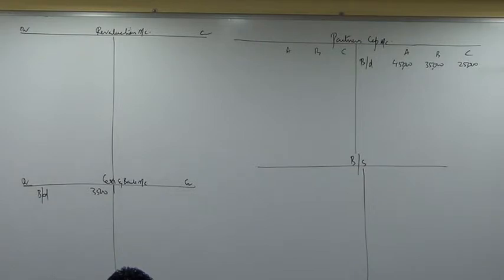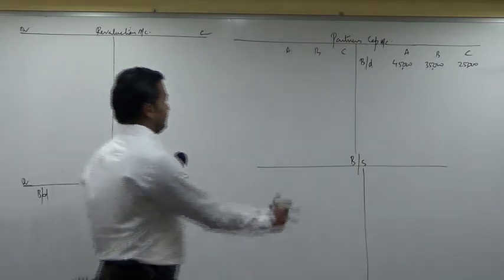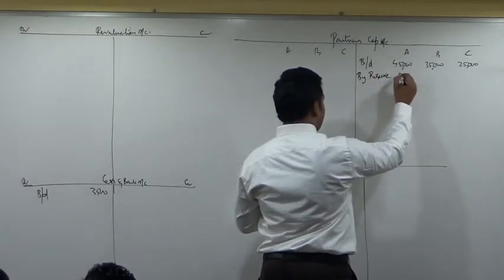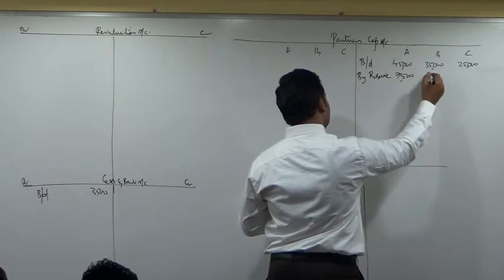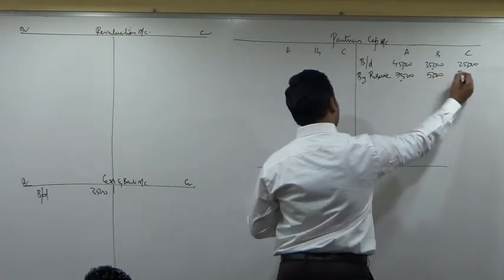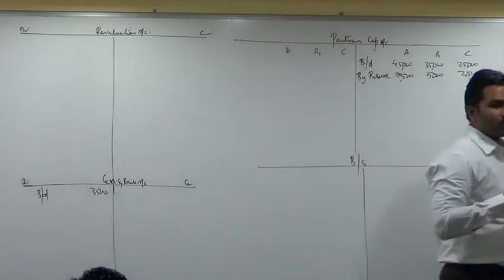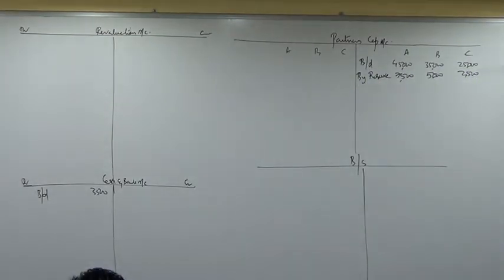Entry will be reserve account debit to A capital, B capital, C capital in old profit sharing ratio. I have passed an entry, reserve account debit to partners' capital account.